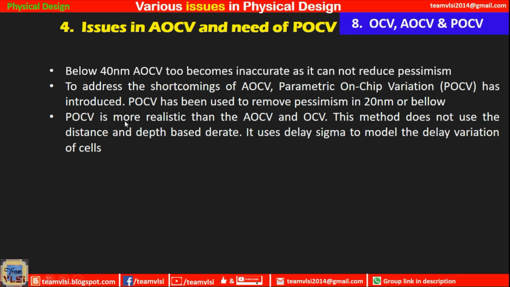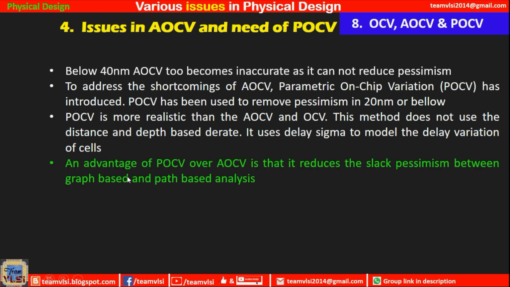POCV is more realistic than AOCV and OCV. This method does not use distance and depth based derate, and also not the fixed derate. It uses delay sigma to model the delay variation of a cell. What the delay sigma is and how it is modeled, we will see in the next section.